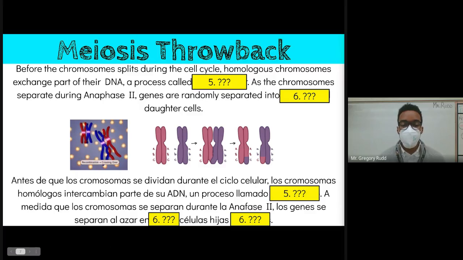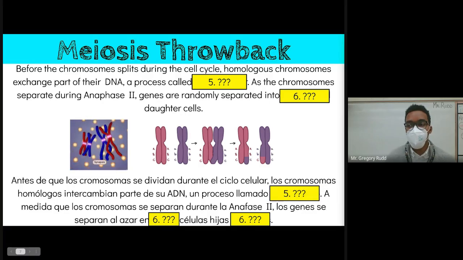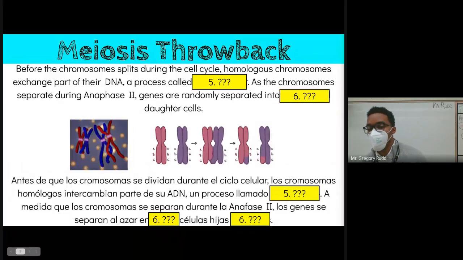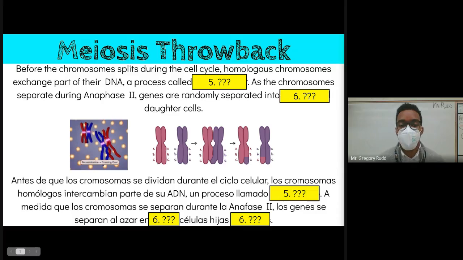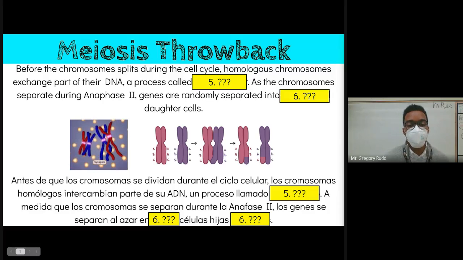And we can see it in both of the images on the screen. What's that process called when they exchange their DNA? Or just a small piece of it? In fact, you can kind of see it in the little GIF on the left side.